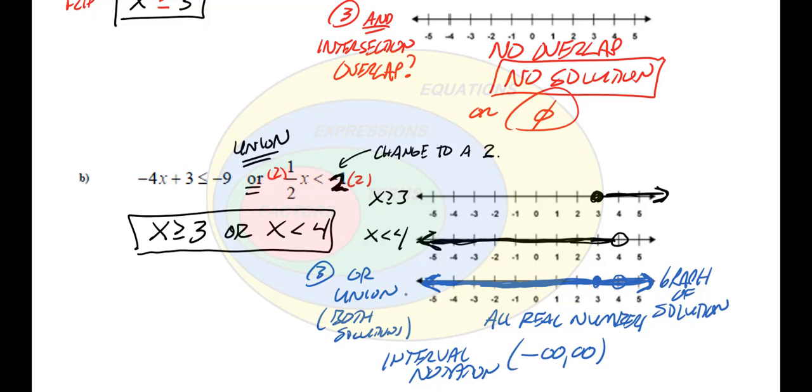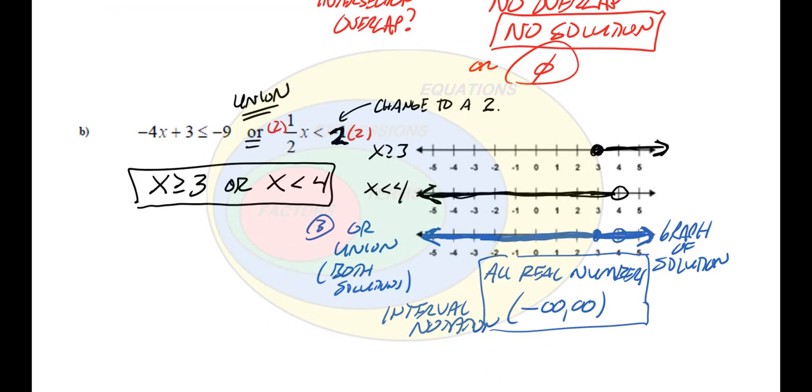The left is -infinity, the right is infinity, and this is just a way to write all real numbers as a solution. It doesn't really make sense to graph the solution, since it would just be a solid line going left and right. So a lot of times we just refer to an identity where we have all real numbers as an answer. We usually use the interval notation -infinity to infinity to represent any real number.